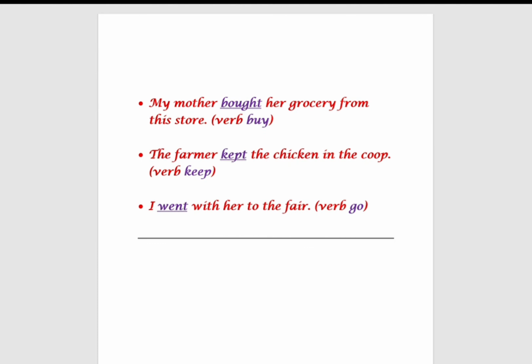They do not follow any rules, like my mother bought her grocery from the store. The verb is buy here. The farmer kept the chicken in the coop. The verb is keep. I went with her to the fair. The verb is go. So notice that these verbs change completely when they change into the past tense.